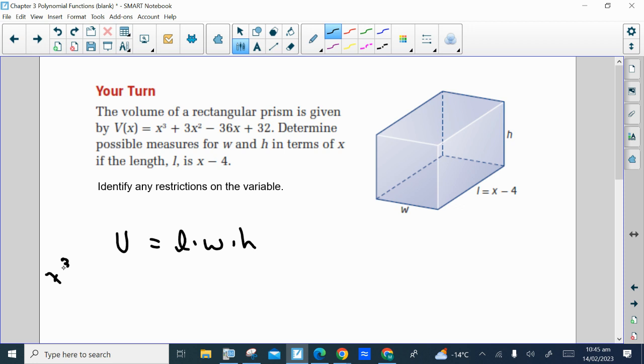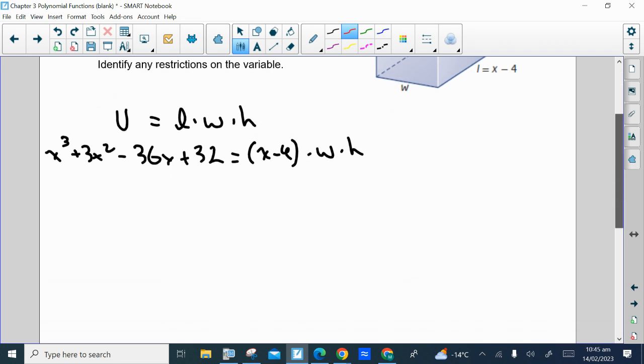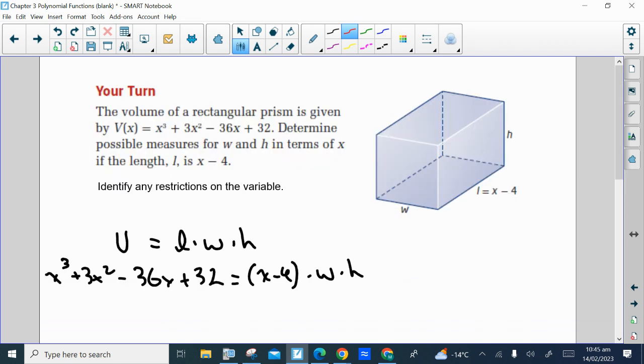We're told the length is x minus 4. We need to find an expression for w and h. So on that right side, we need to get the w times h by itself.